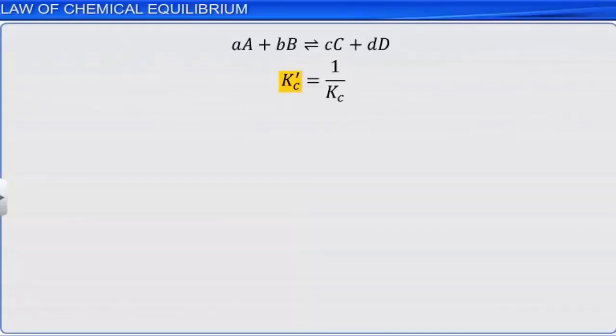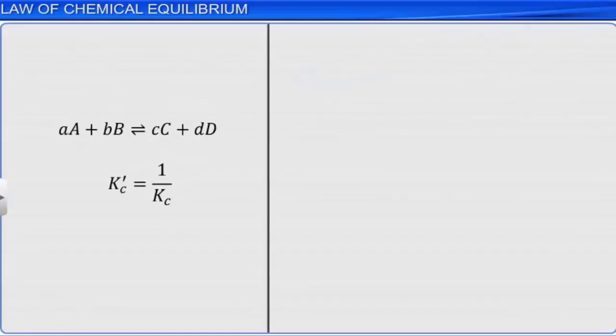The equilibrium constant for the backward reaction is the inverse of the equilibrium constant for the forward reaction. Let us prove this with an example. Consider the reversible reaction of hydrogen and iodine combining to form hydrogen iodide.